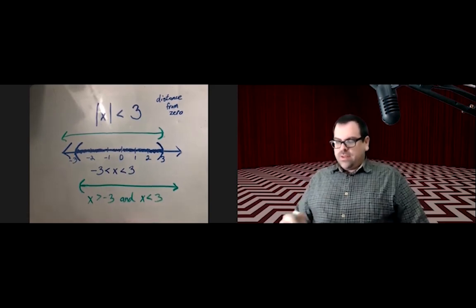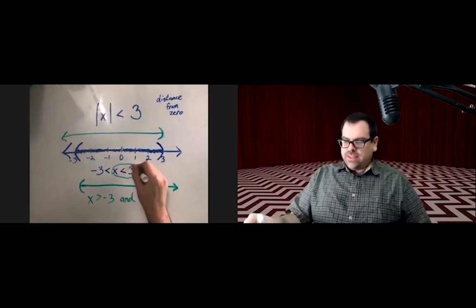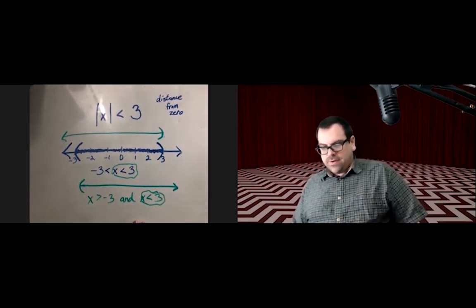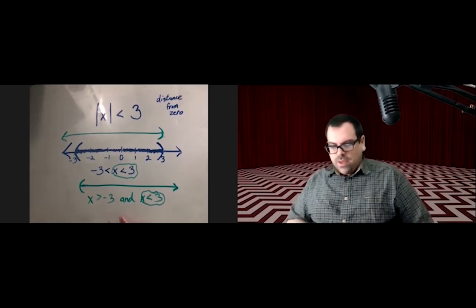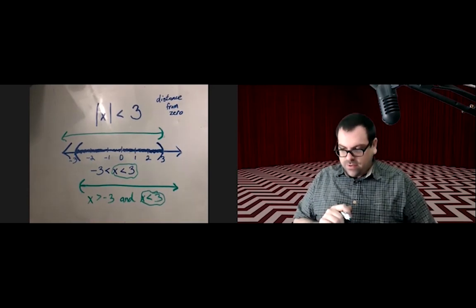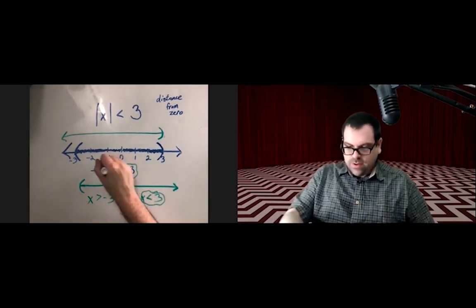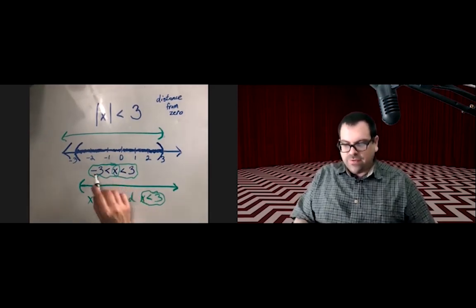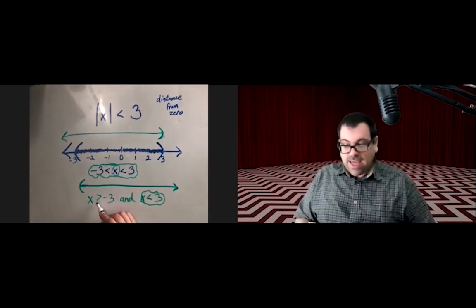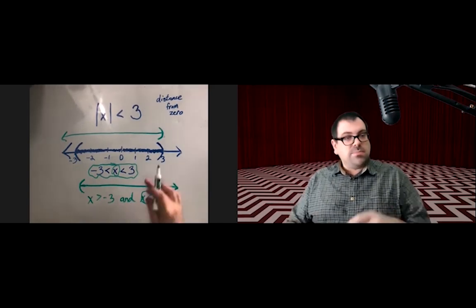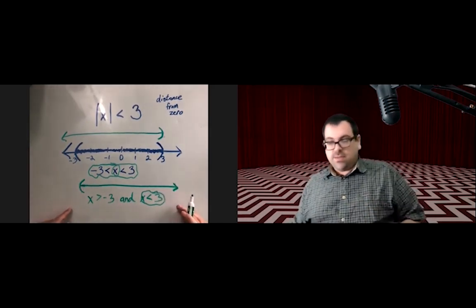And notice there is the x less than 3. And if we wrote this with x on the other side, swap it all. There's x greater than negative 3. The big end stays with the x. The point stays with the negative 3. So that's all a between is. It's an and statement.